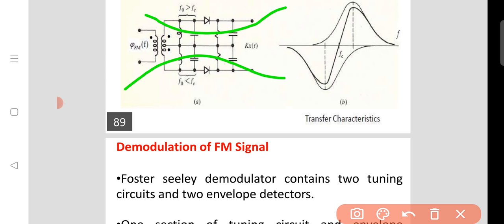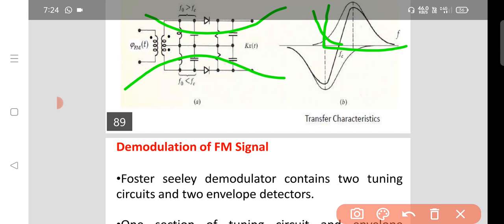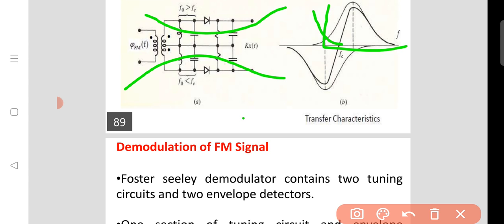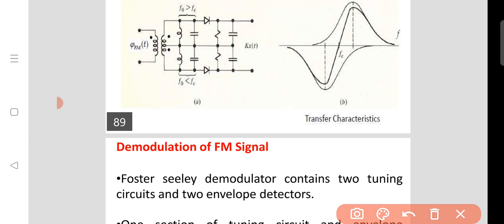So what we observe here, we already discussed in the previous session about these circuitry characteristics. This characteristic curve is for above frequencies.